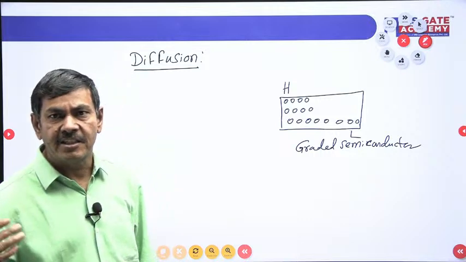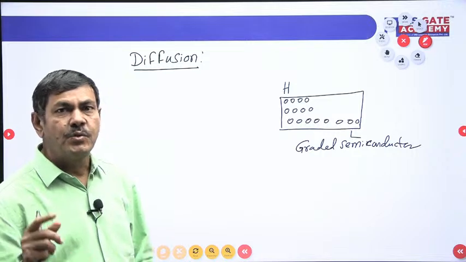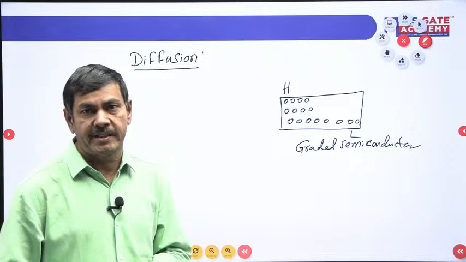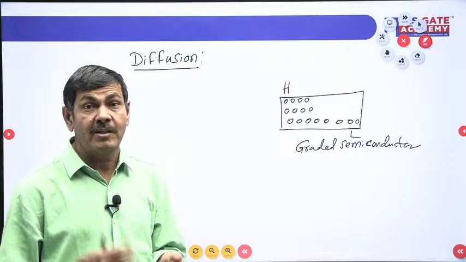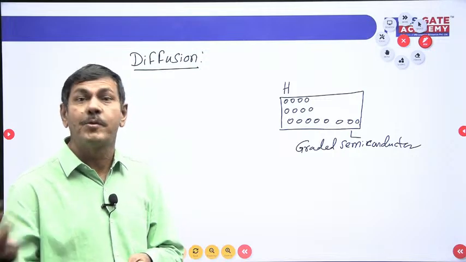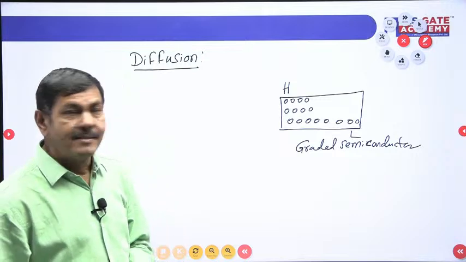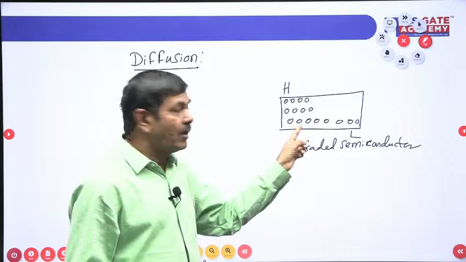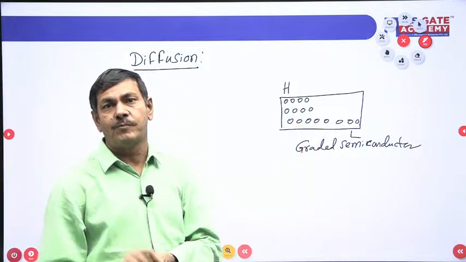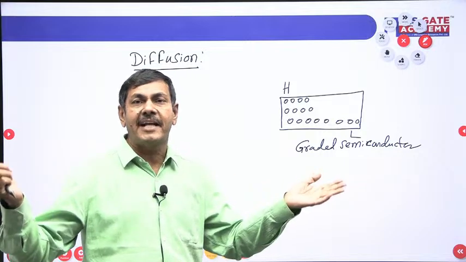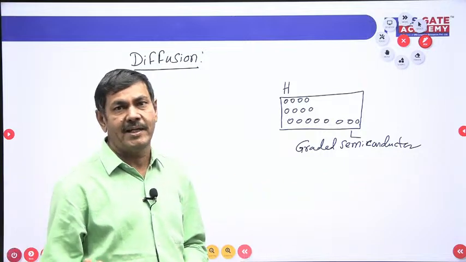If the semiconductor is uniformly doped, you cannot find the mechanism of diffusion.